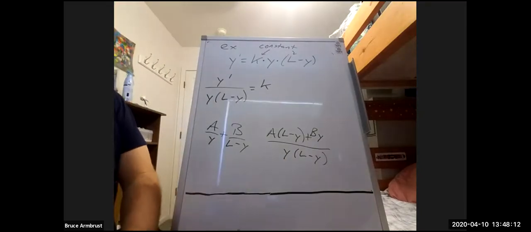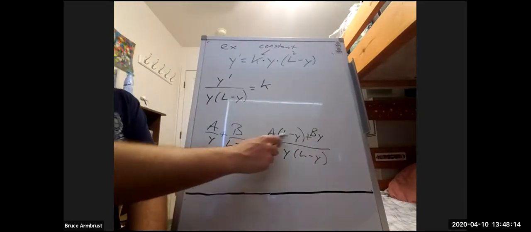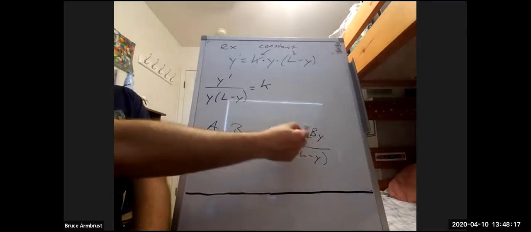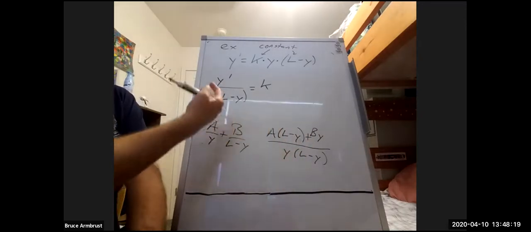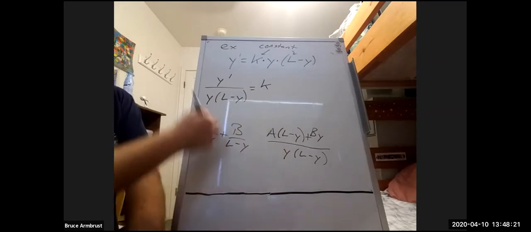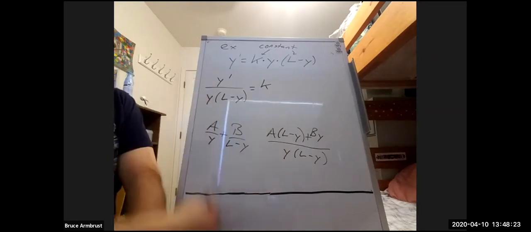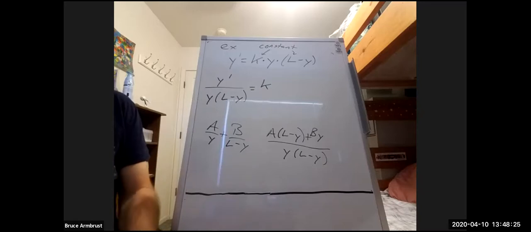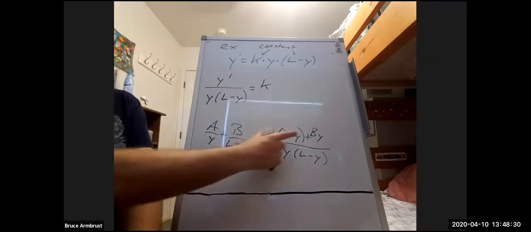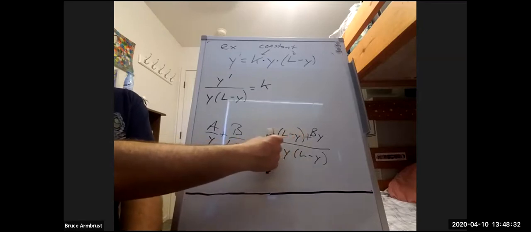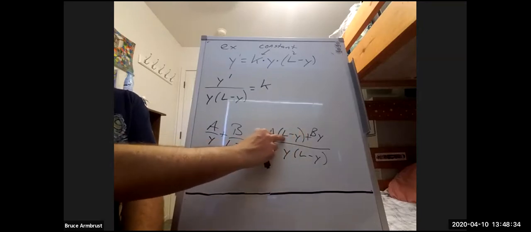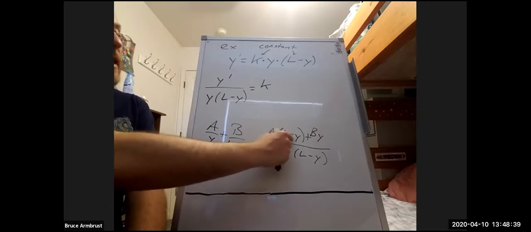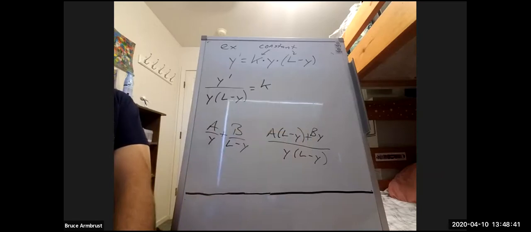And what we need to do is figure out the values of a and b that would make this top equal to 1, because that was the top of the fraction over here. And there are a couple ways of going about it. You could actually just set up the systems, like if you distribute through, you would get the constant part, a times L, that's going to have to equal 1. You're going to get minus ay plus by, that's going to have to equal 0 because there are 0 y's.